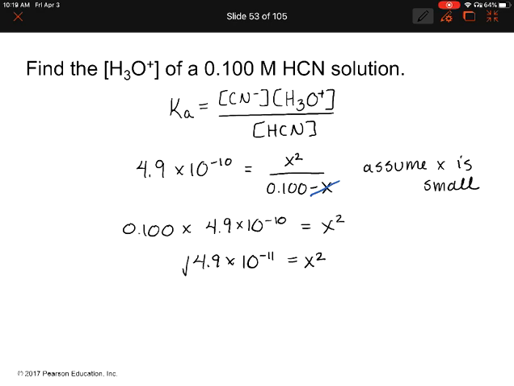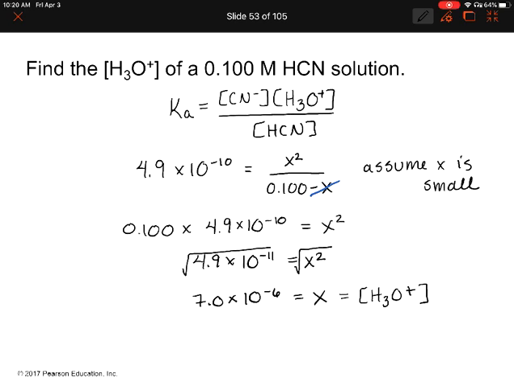And then we're going to take the square root of both sides so that we can figure out what x is equal to. And after we plug that into our calculator, we should find that x is equal to 7 times 10 to the negative 6th. And remember that x is also equal to the concentration of hydronium ions in solution.